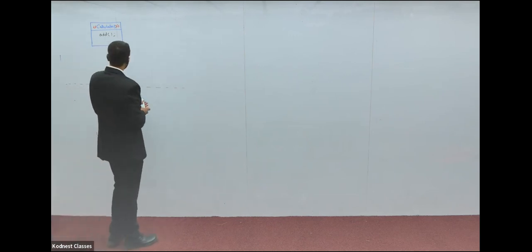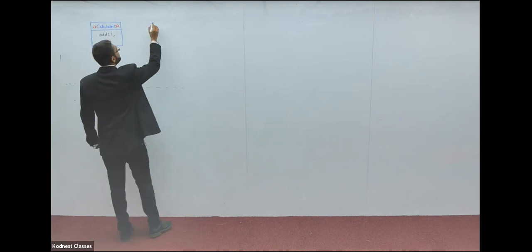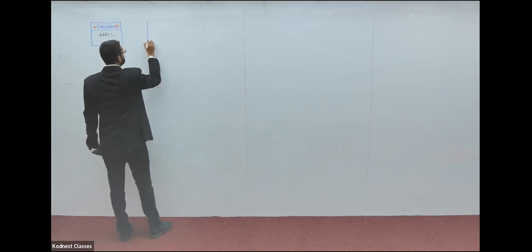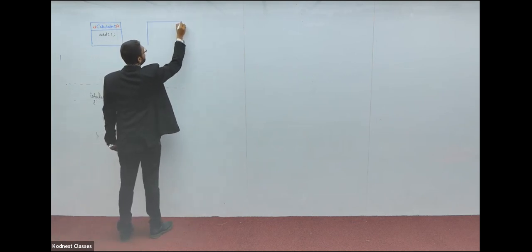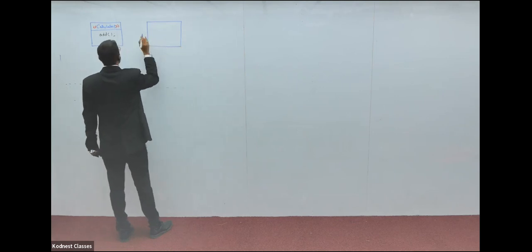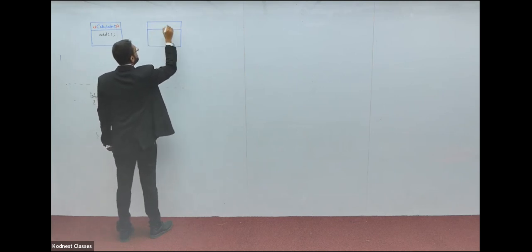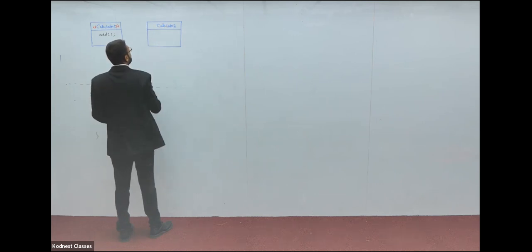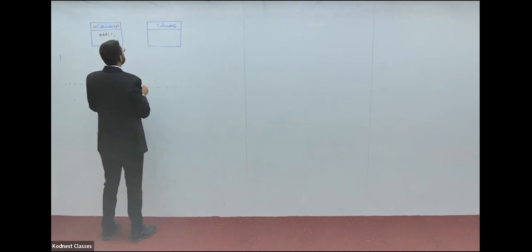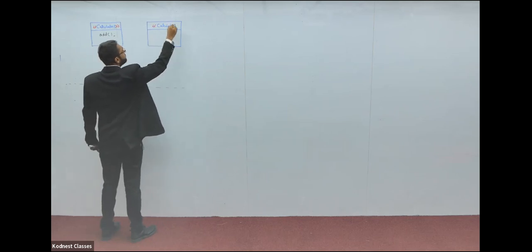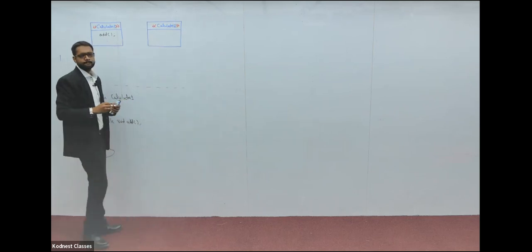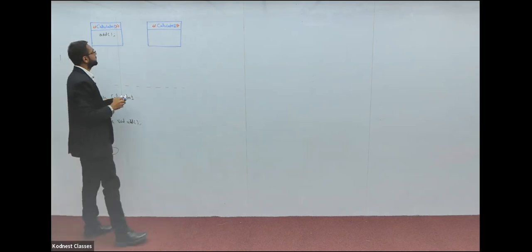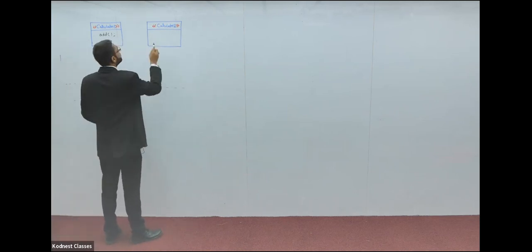Say I have one more interface like this. This is Calculator2. That is also an interface. In that, I have one method called add.